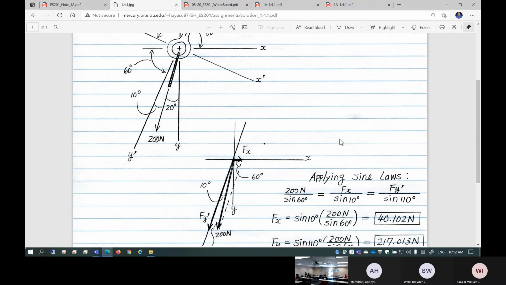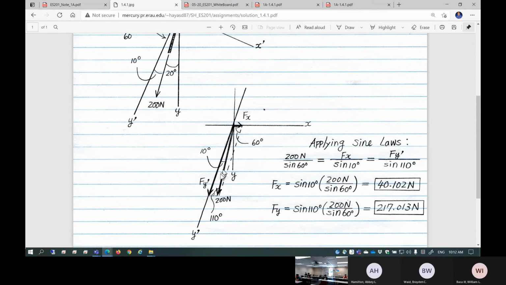Next, you're going to draw a very accurate sketch of the figures. So this is the x coordinate, this is the y prime coordinate, this is the force given, 200 newtons. You are going to resolve it into two directions, Fx and Fy prime. Those two are the forces you want to have. I'm going to apply the sine rule.